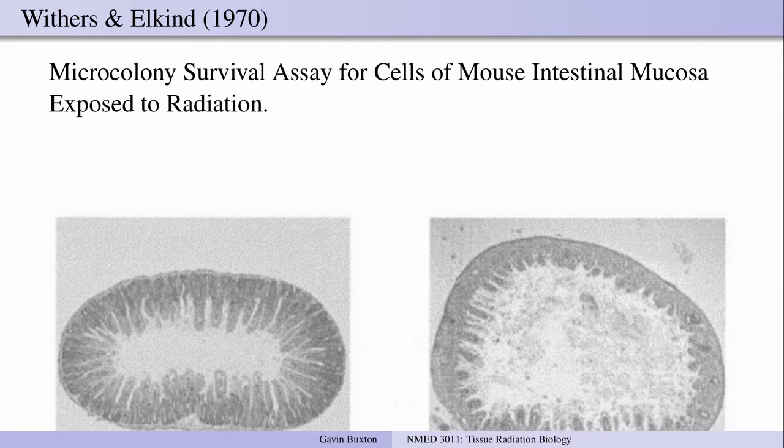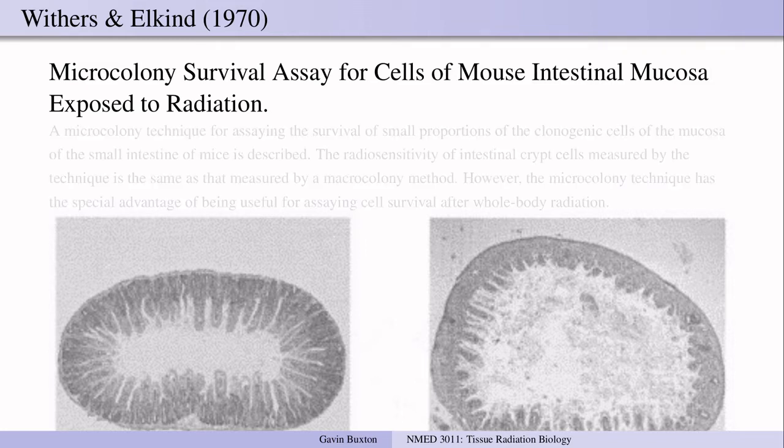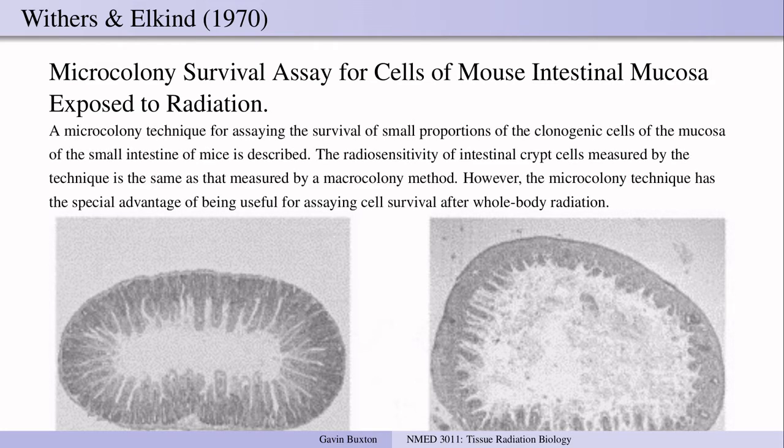Now, if the crypt cells die, then the villi become shortened, flattened, and reduced in number, or even completely absent if the dose is high enough. However, it is assumed that a crypt can be repopulated by just one surviving stem cell.